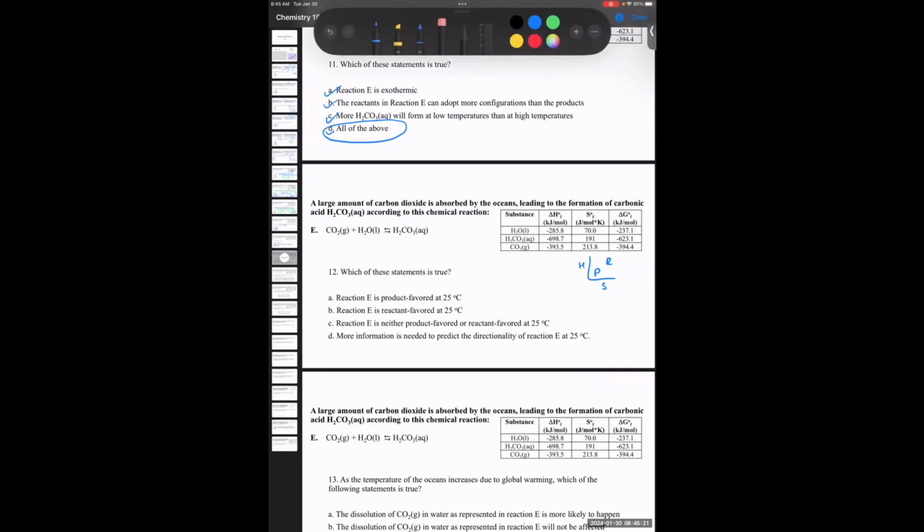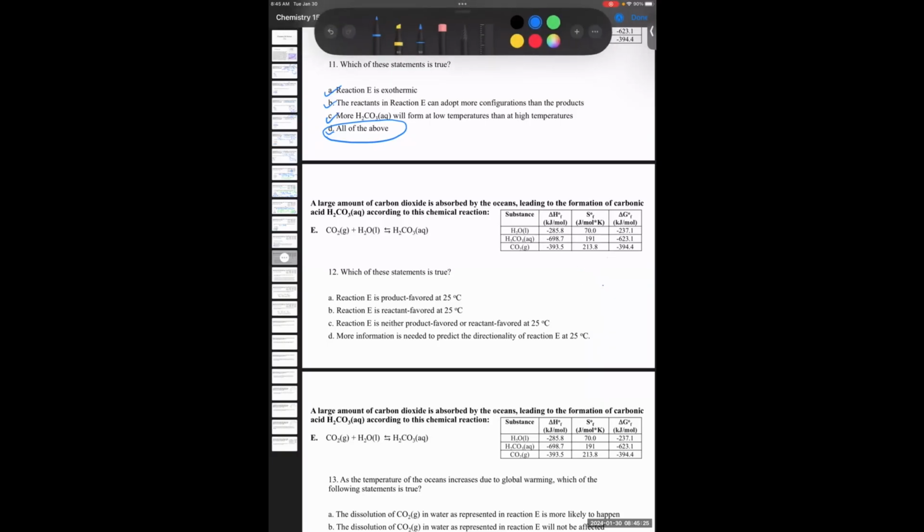So we need to use the data to do this. I hope that we're not going to see this many calculations, because it takes some time. But let's do this.